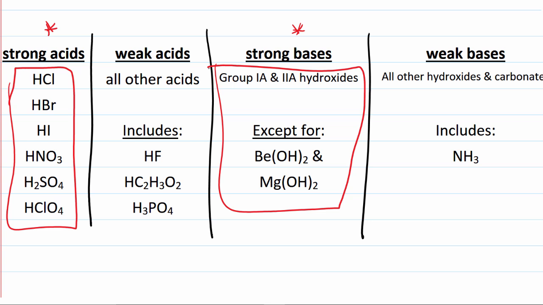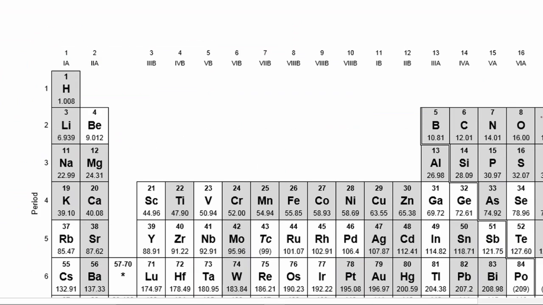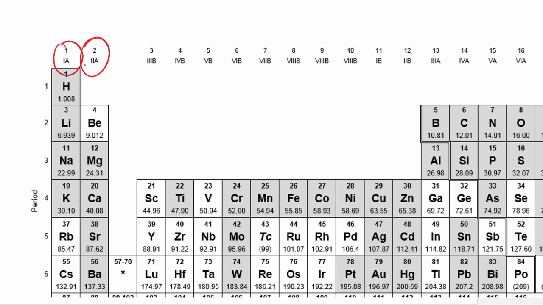Now we talk about the group 1A and group 2A hydroxides. What do we mean by group 1A and group 2A? What do these mean? On the periodic table, right. So we come back here, here's your group 1A and your group 2A. And so if we have these as hydroxides, these are going to be your strong bases. So lithium hydroxide, sodium hydroxide, potassium hydroxide, rubidium hydroxide, calcium hydroxide.